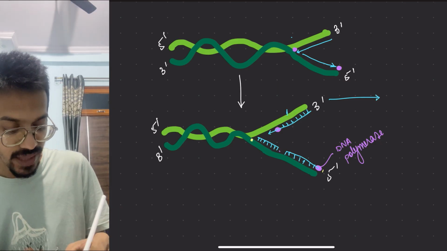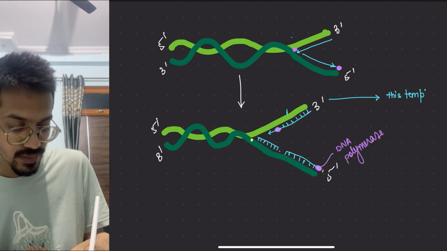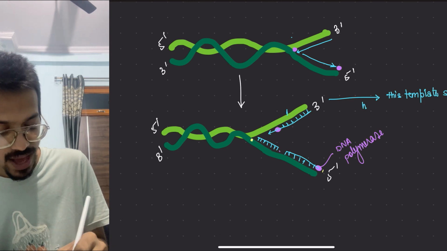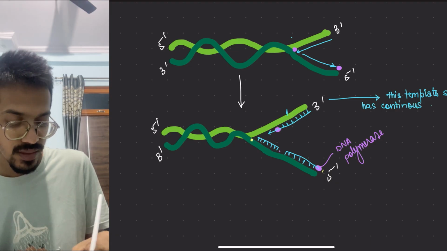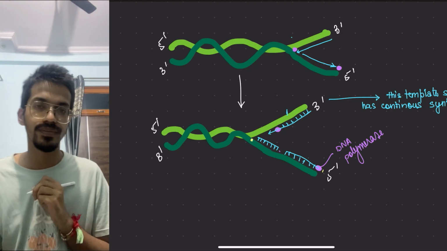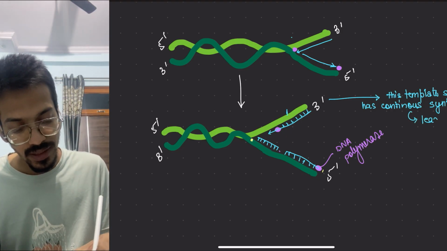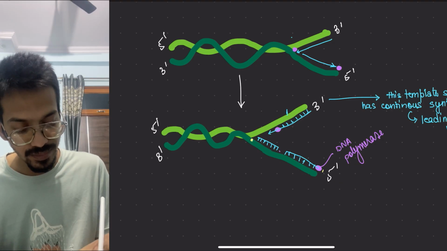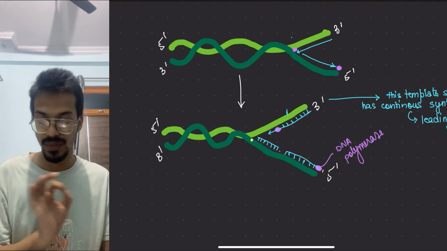So can I write that this template strand has continuous synthesis on it, complementary to it, of course. That's why we call it the leading strand. It is the name of the template strand only.